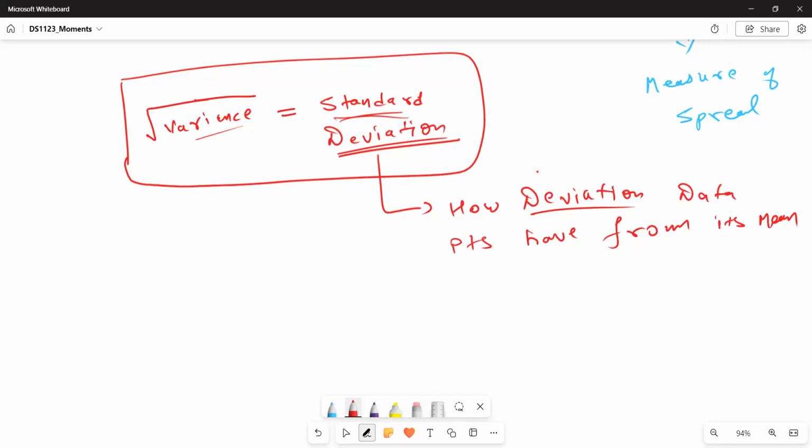Don't worry. Today's session that we are discussing is purely a conceptual discussion, so that you get a better perspective of moments in statistics. Otherwise, the application of these moments is something you can directly use. But using something without understanding it is not advised in the field of data science.